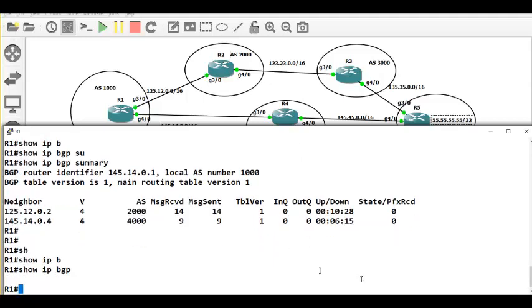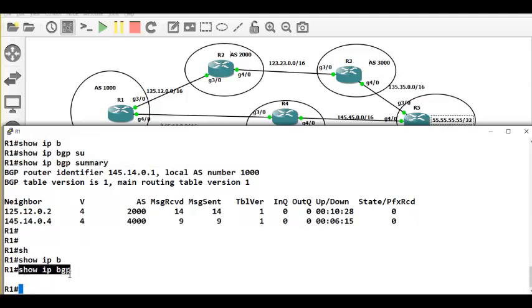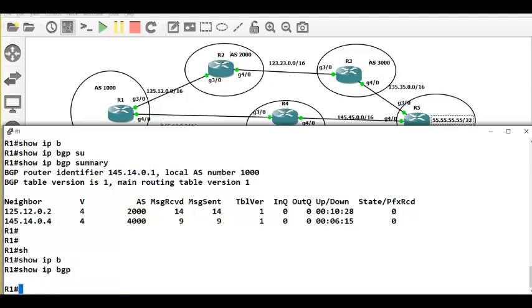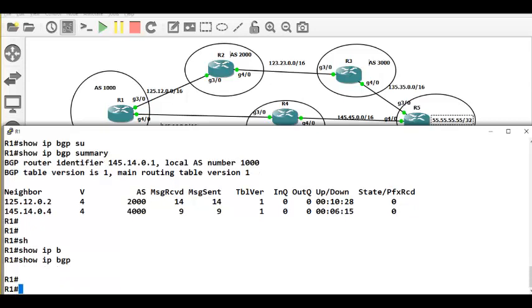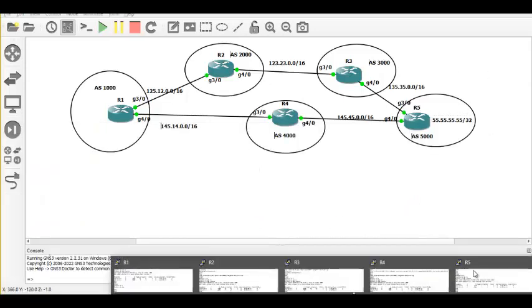If you remove the summary command, you get another command which will show you whether we are learning anything or advertising anything. We neither advertise nor learn. What is next? Next is, I'm going to advertise the network from router 5.